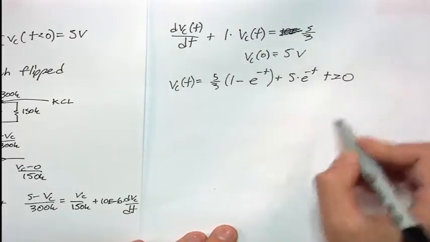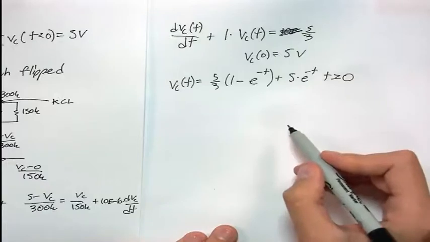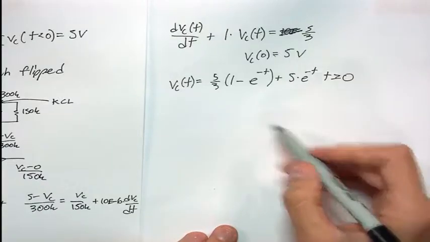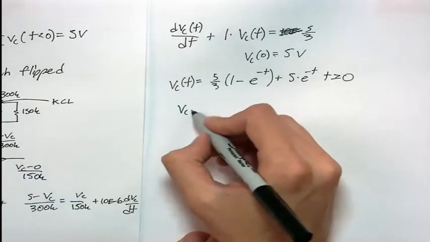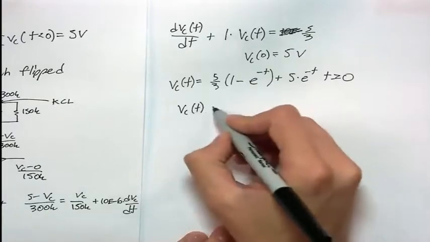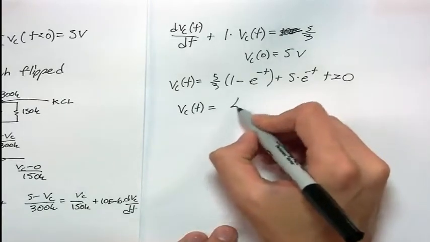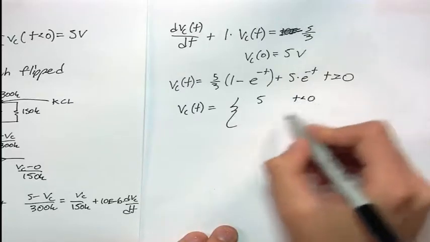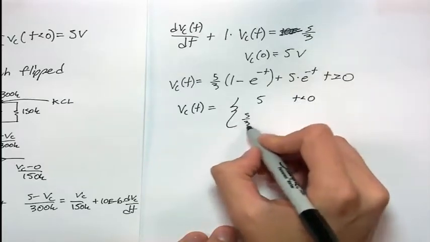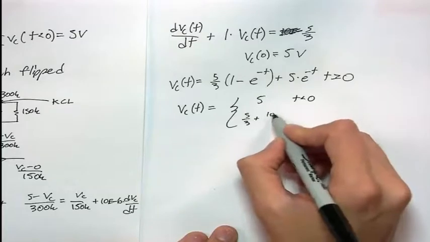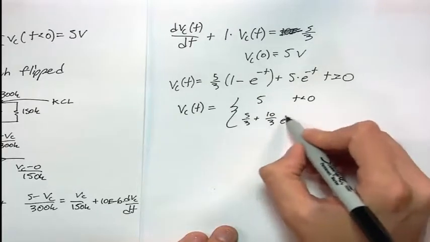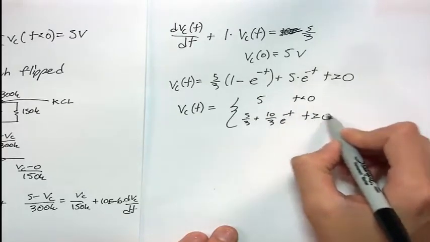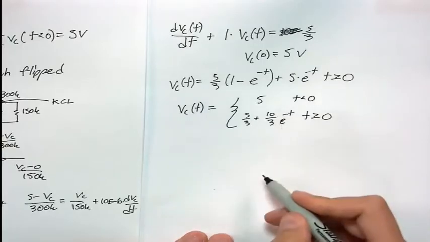And this is valid for all time t after 0. We can simplify that in one more step. So Vc(t) is 5 for t less than 0, and 5/3 plus 10/3 e to the negative t for t greater than 0, after the switch is flipped.